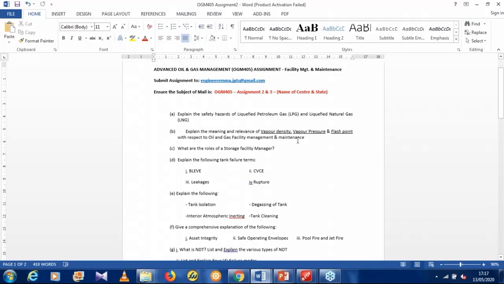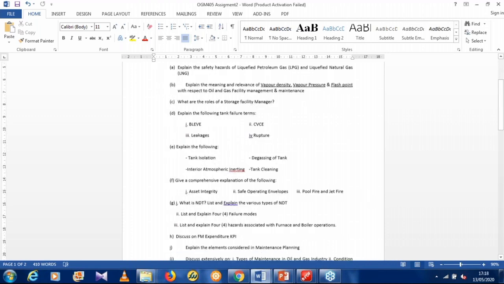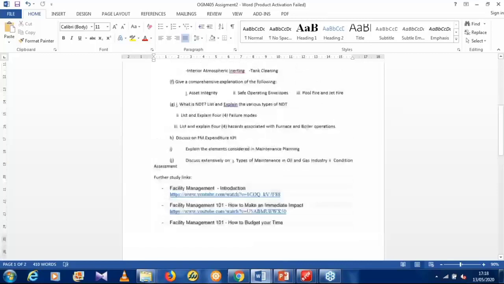There were some complaints of people not being able to get the previous assignment, so I've added assignment 2 and assignment 3. If you've taken a shot of this, then you take a shot of the remaining part too.